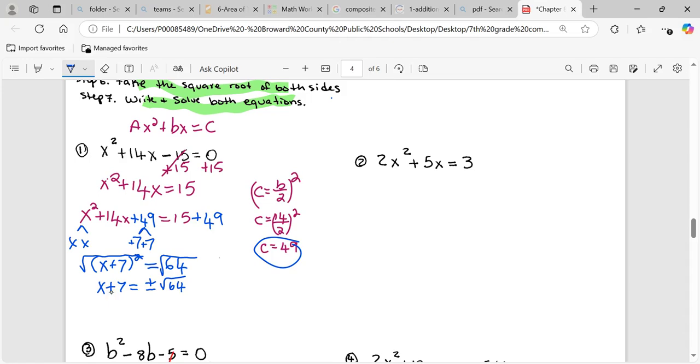Then I still need to get x by itself, so I'm going to subtract 7 on both sides, but that needs to go in the front. So we have x is equal to negative 7 plus or minus 8, because the square root of 64 is 8.